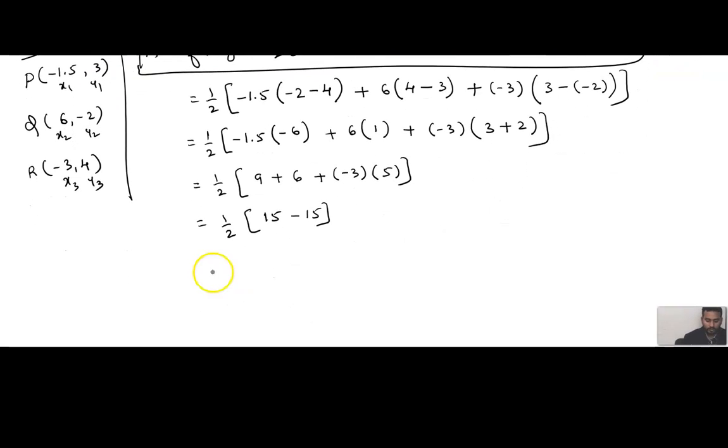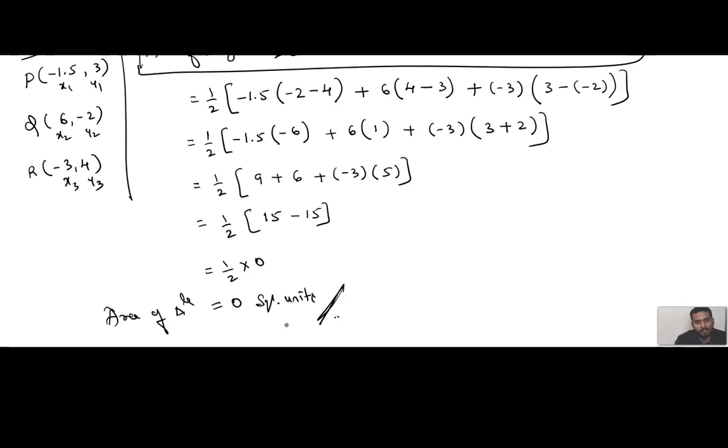Done? That is nothing but half into 15 minus 15 is 0. 0 by 2 is 0 itself. Now we can say that area of triangle is equal to 0 square units. So what is the area of triangle? 0 square units. I hope you have understood this problem.